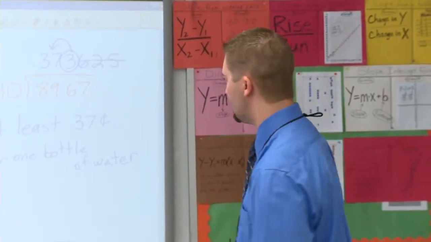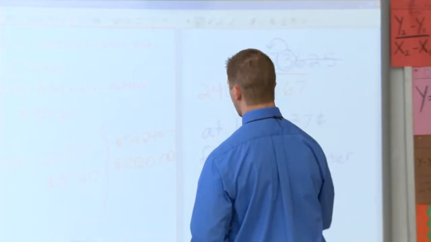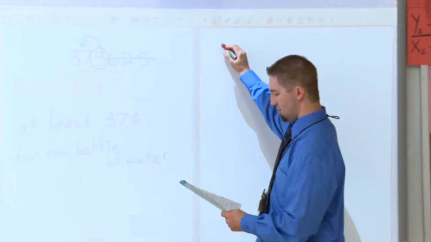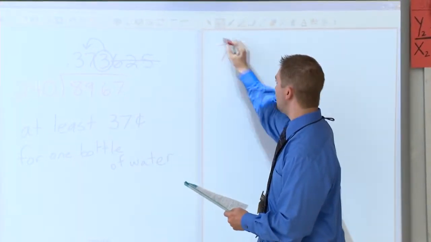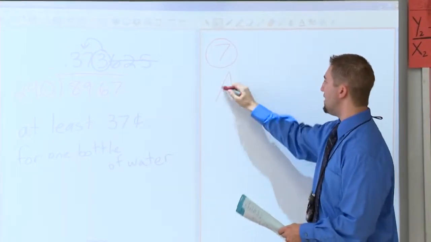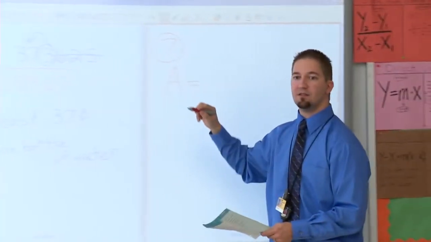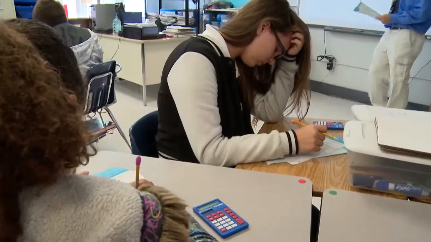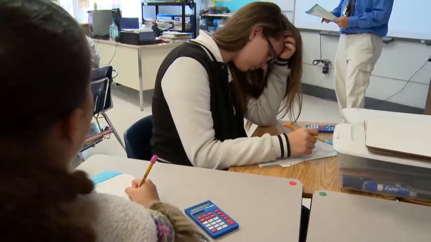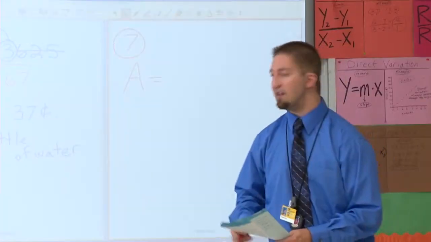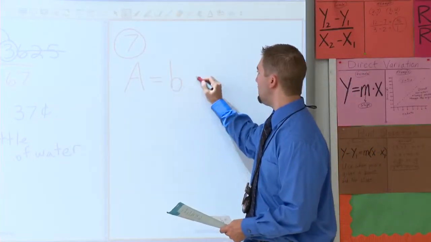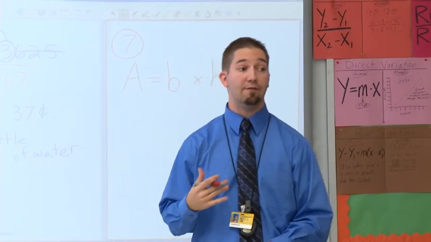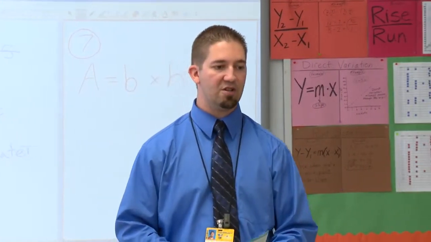The area of a square. You don't remember that, okay. Jacob, help us out. It's area equals base times height, each letter standing for a different variable in that situation.